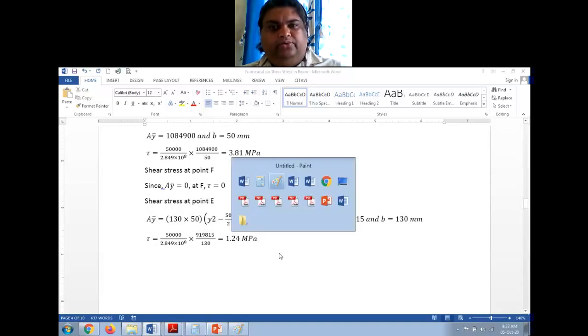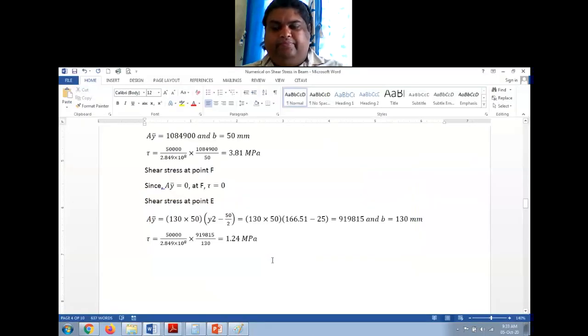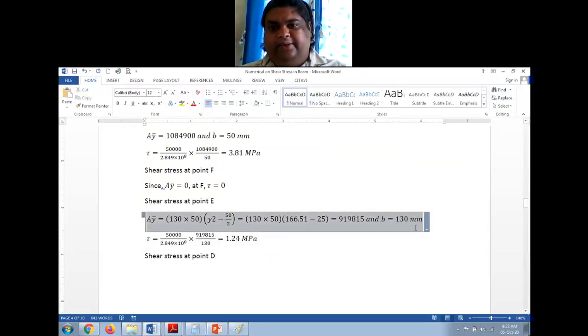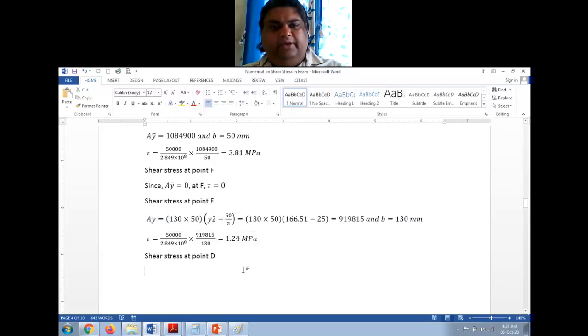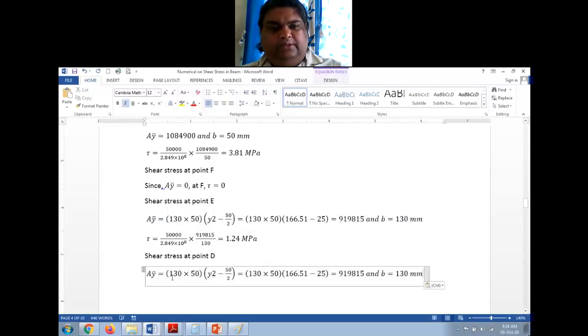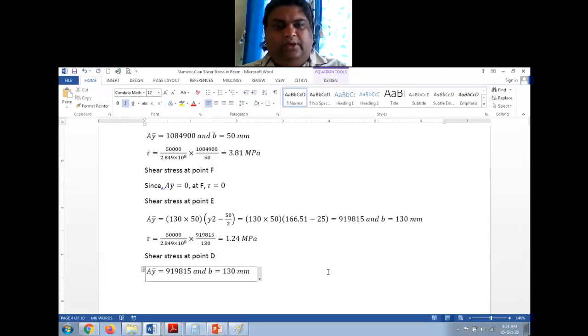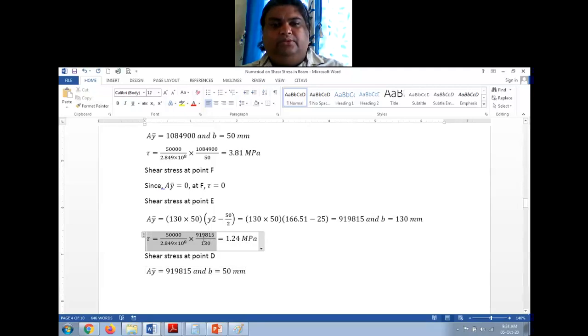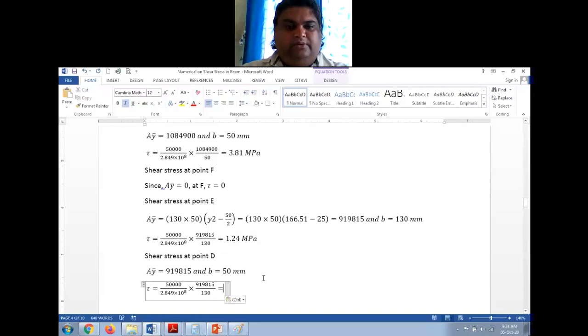Now I will go back to D. Shear stress at point D. It is the same thing. AY bar is same. Just remove this, and here B is 50 millimeters. So just copy this same expression and change this by 50.